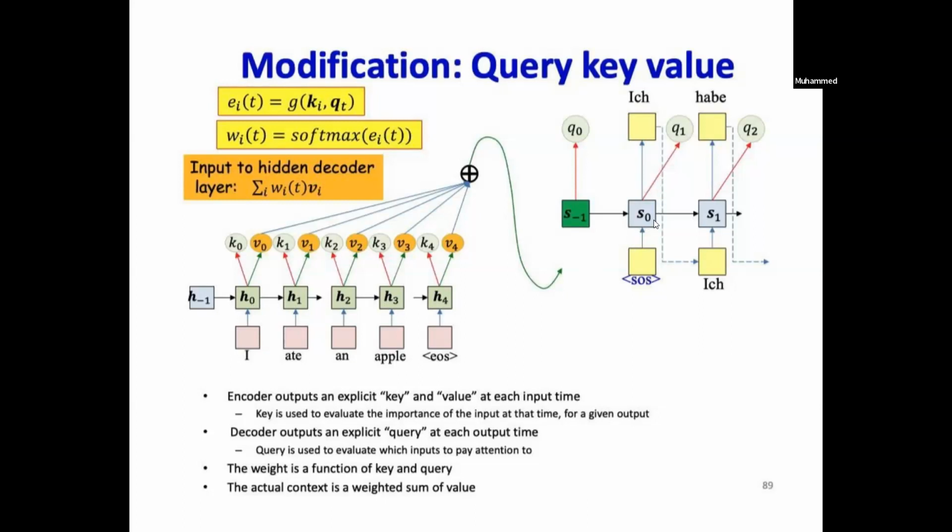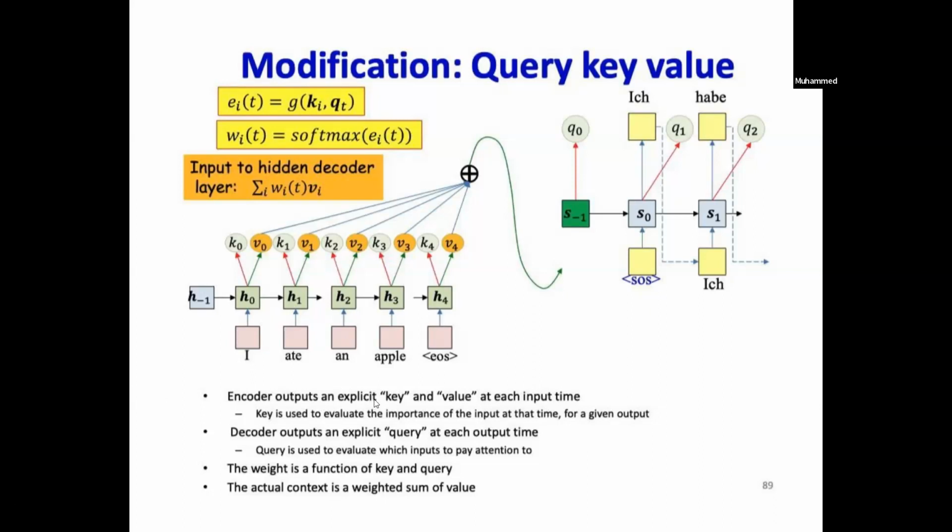So at each output time step, we're going to have a query vector, and at each input hidden state, we are going to have 2 representations, a key and a value. You can look at this as just projections. We project the hidden states using weight matrices, which will be learnable, right?